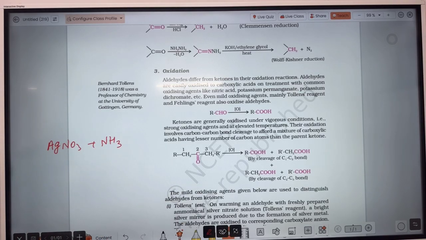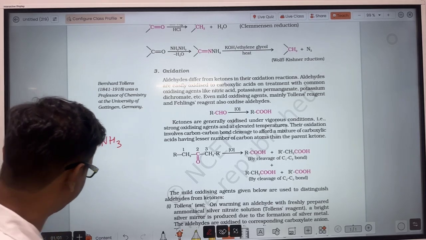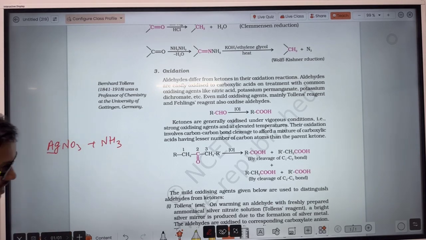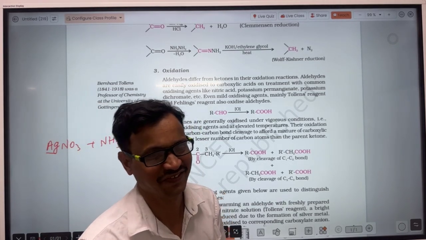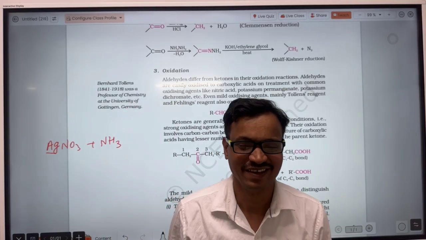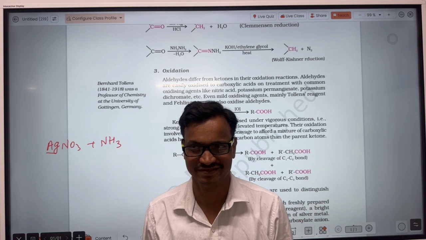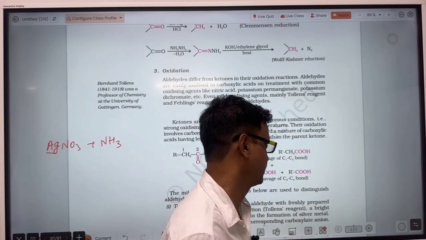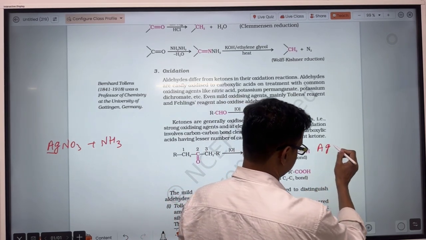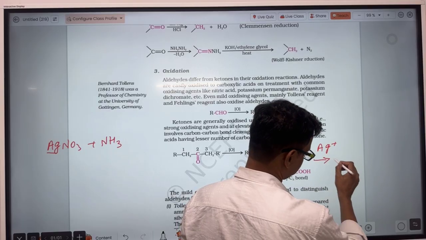What happens? Silver is a transition metal, a d block element. It has vacant d orbitals, but the number of vacant d orbitals in silver here is only 2. Draw the resonance structure of silver here. In +1 oxidation state, what will be there?